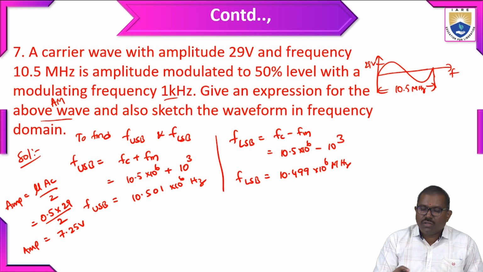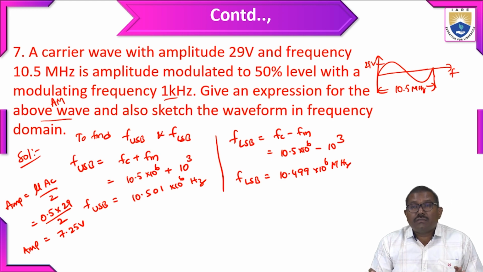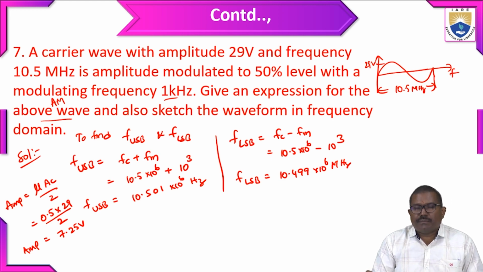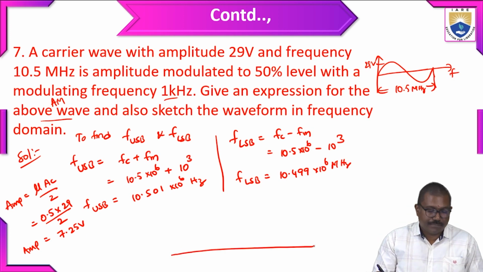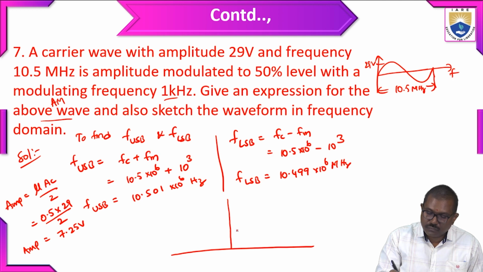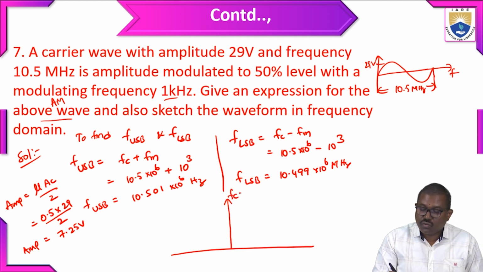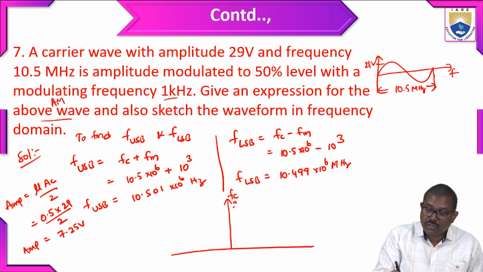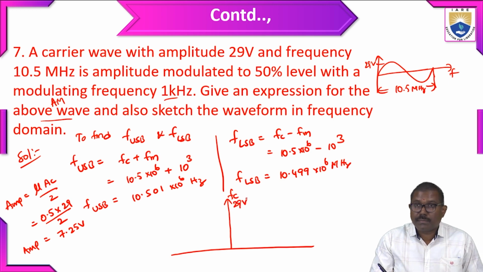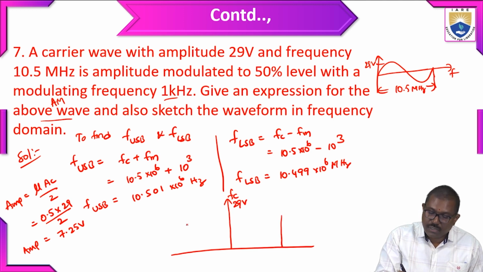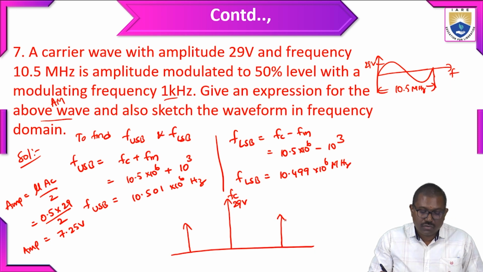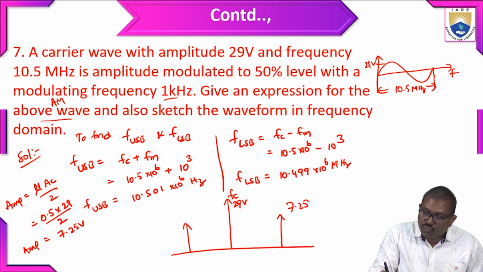So now we are ready to draw the waveform, that means the frequency domain. So this one is Fc, and the Fc amplitude is 29 volts. Another is the two sidebands, just like this, with amplitude 7.25 volts.